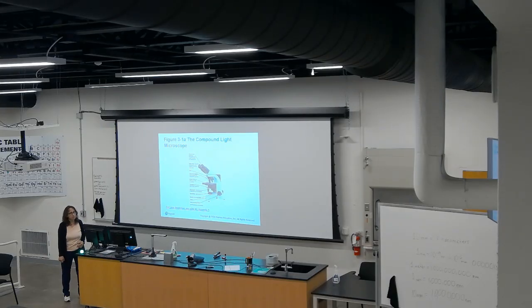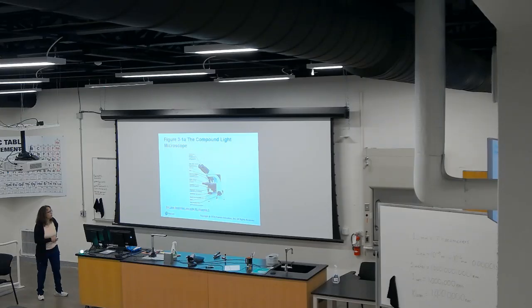A compound microscope is called compound because you have a series of lenses that can magnify the initial magnification. In this case, we will have these objective lenses that increase the image size up to a particular number, depending on the objective lens.